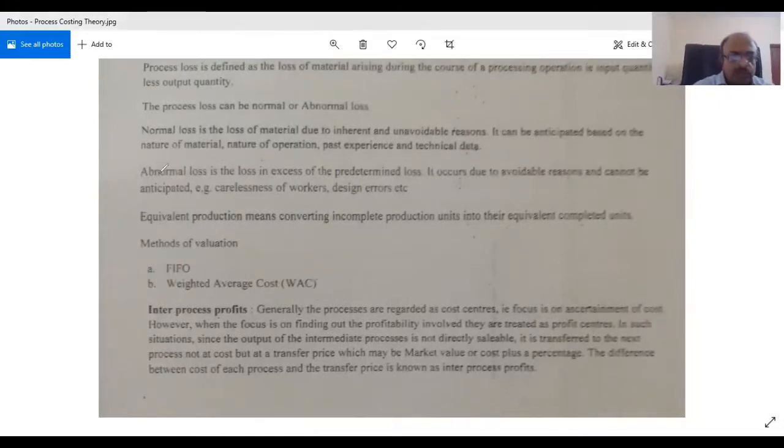Now comes abnormal. Abnormal loss is a loss in excess of the predetermined loss. It occurs due to avoidable reasons and cannot be anticipated. That is carelessness of the worker, design error, etc.